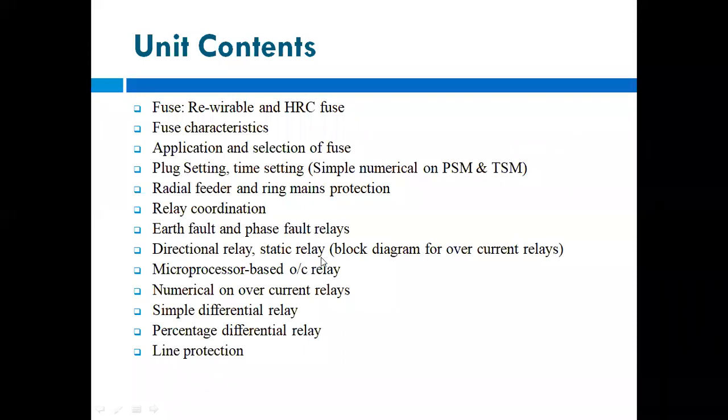There are different types of relays. Then directional relays, static relays, and block diagram for overcurrent relays. We have seen the static relay, but that was only basic. Here we'll see a block diagram for the overcurrent relay.